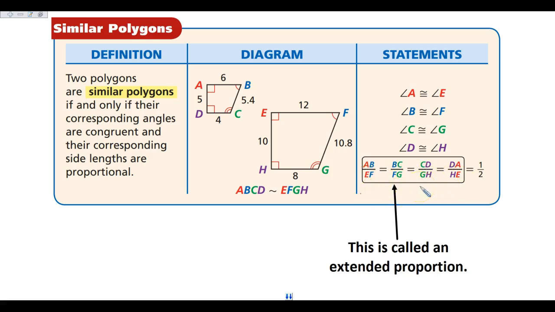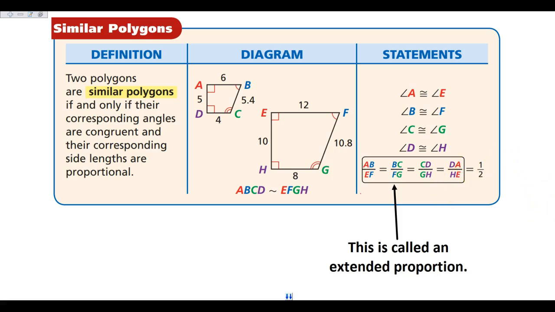Now, it does not have to be small over large. It could be large over small, and then my similarity ratio would have been 2 over 1. But the important thing is that I have the same figure on the top and the other figure on the bottom. You cannot mix and match those. It's very important that you keep a consistent figure in the numerator and a consistent figure in the denominator.